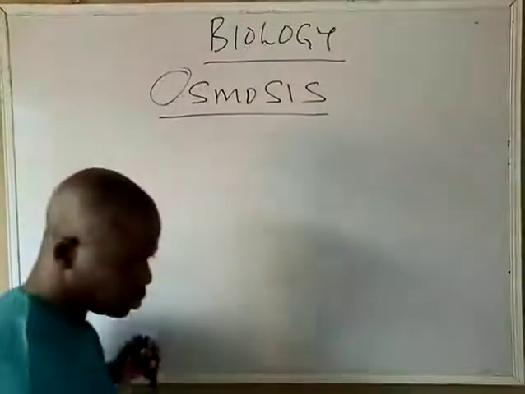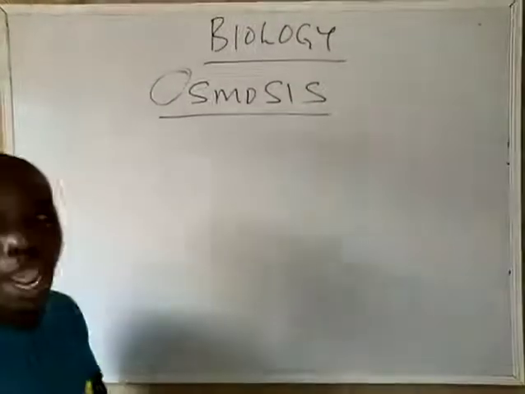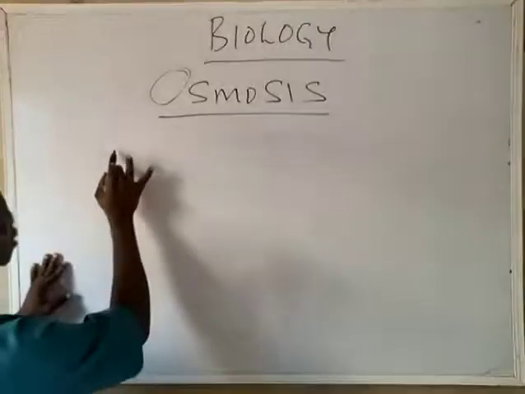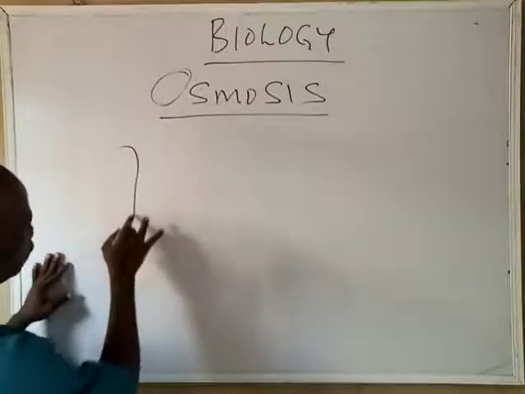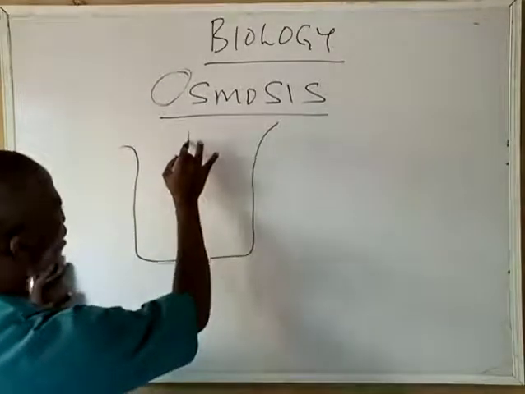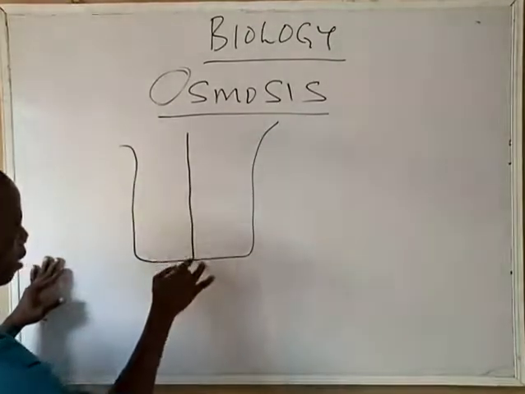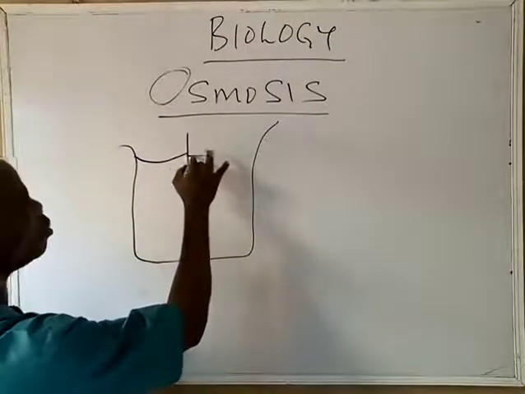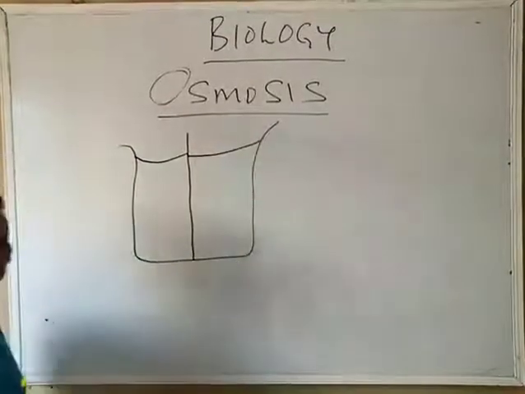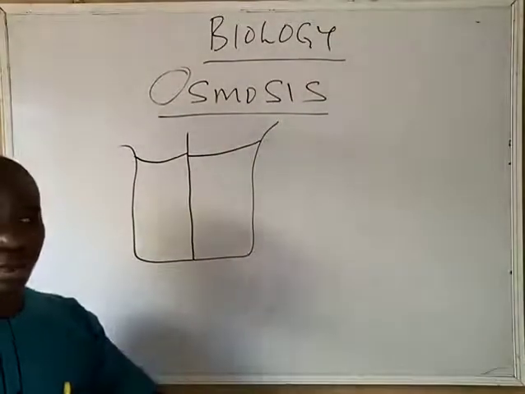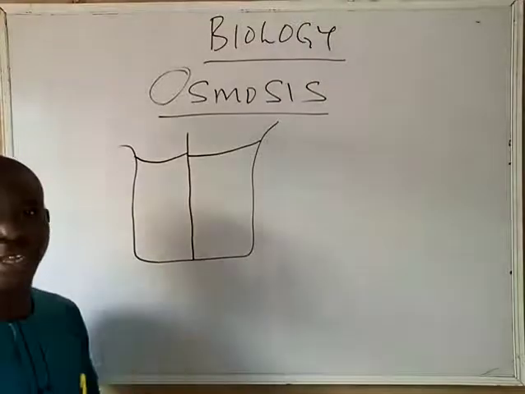So first of all, at this level, I want you to note that if you have a system having two solutions, when you dissolve a solid substance in water or in a solvent, you have a solution.